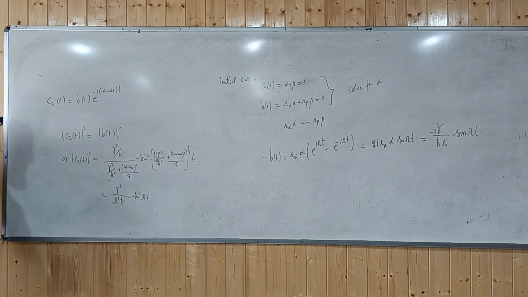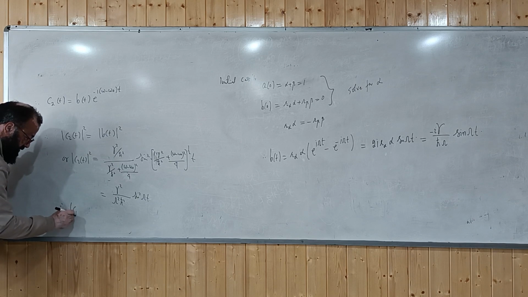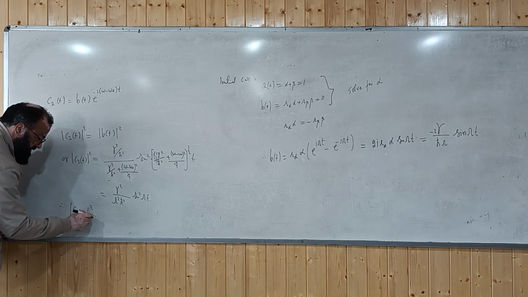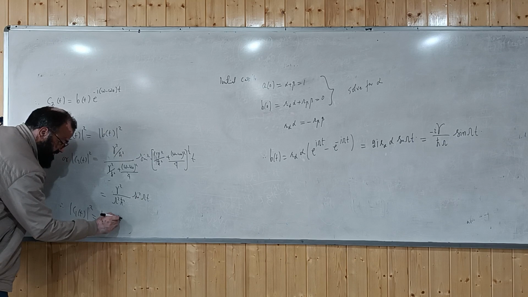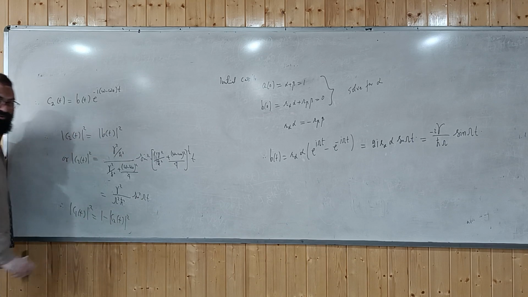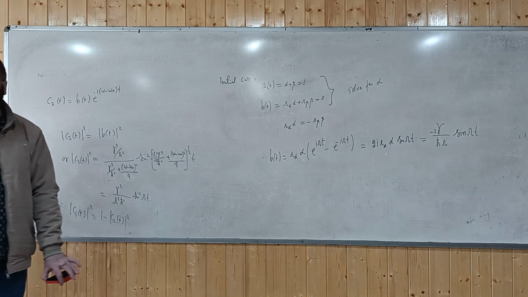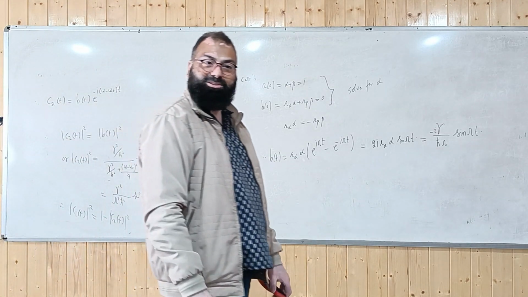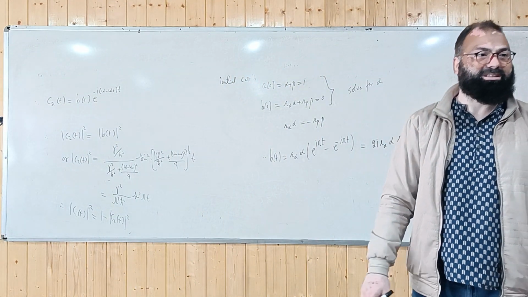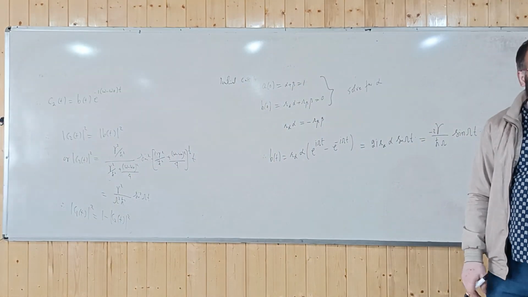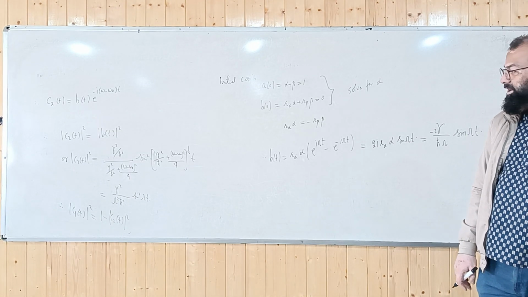Clear? What is there for the C1? You don't need to calculate C1 from there. C1 you will simply calculate from the normalization condition. Got it? So we need to interpret this result. What is happening?